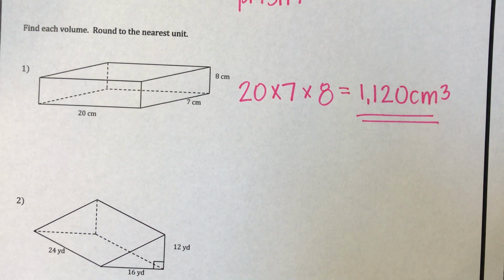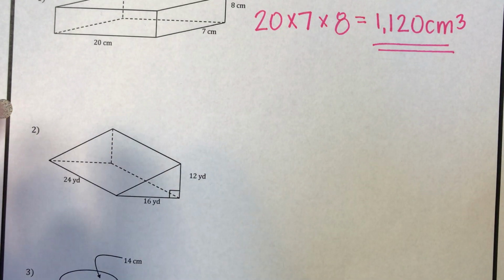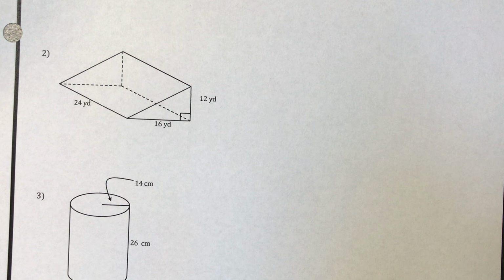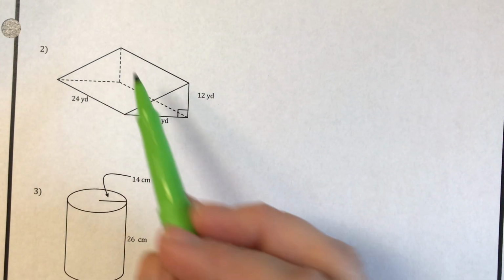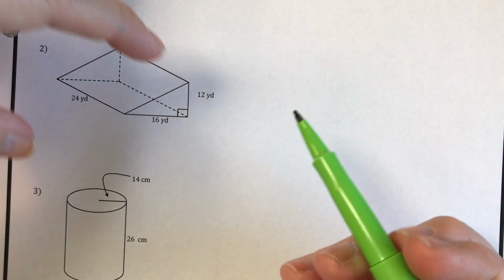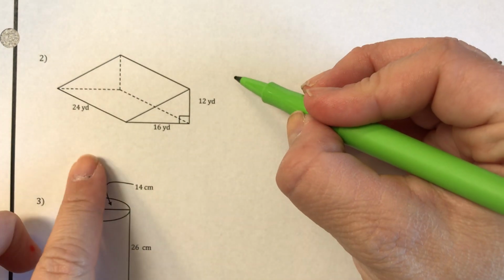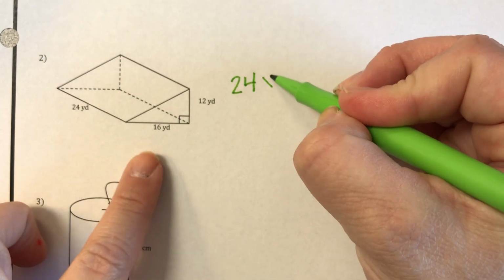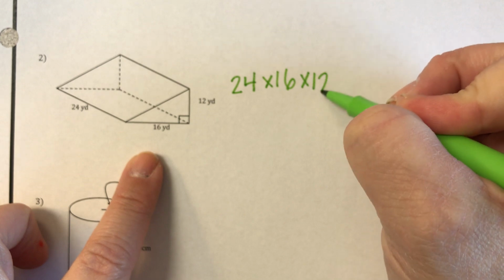So let's talk about the relationship between a rectangle and a triangle. It's half, right? We learned that last chapter, that when you do a triangle, you do base times height, and then you divide it by 2. So the relationship is the same for volume. If this was a rectangular prism, pretend that it extended up this way, or that there were 2 of them stacked, we would do 24 times 16 times 12.